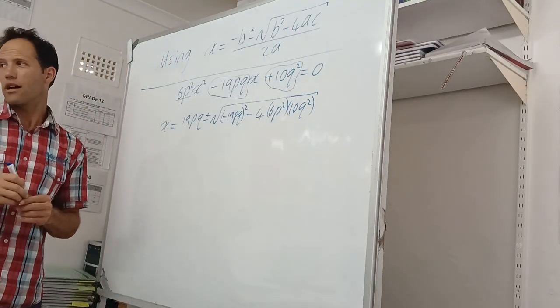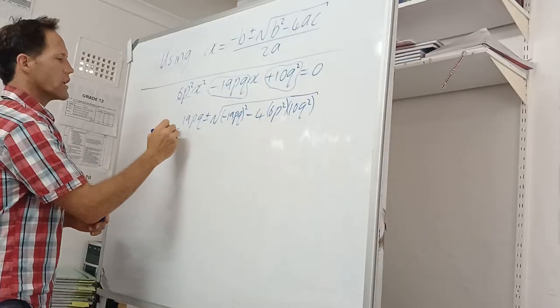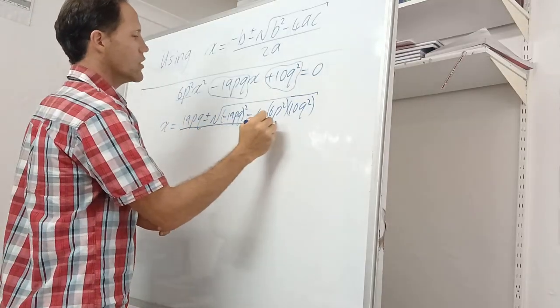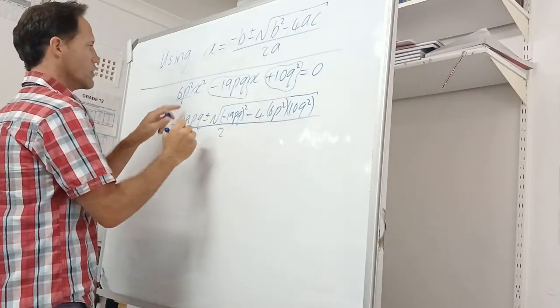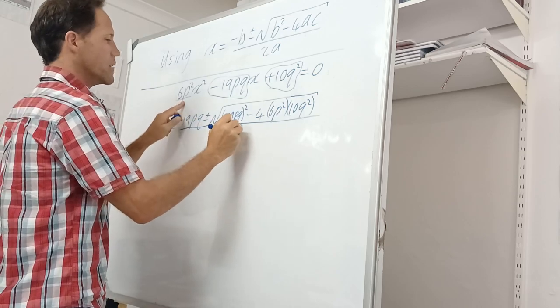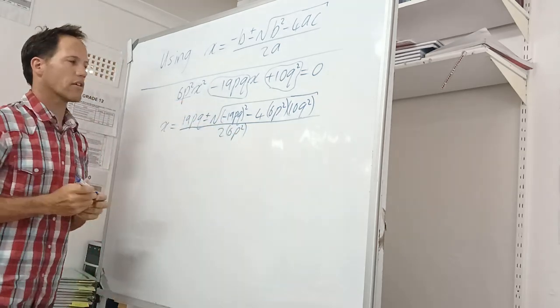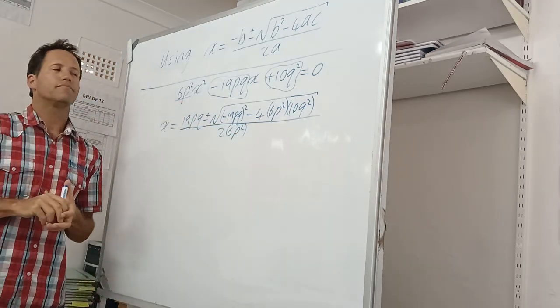Okay, over 2a, 6b squared. So this whole thing now still must be over 2a, 6b squared. Okay, so you just substitute.